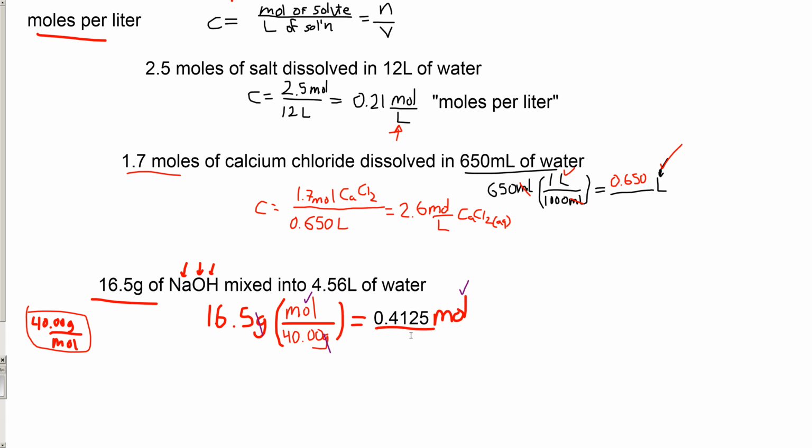So now I have a moles number and I have a liters number. So we're ready to roll. So I'm going to put my moles number up top. And I'm going to put my liters number on the bottom. So divide what I had by 4.56.